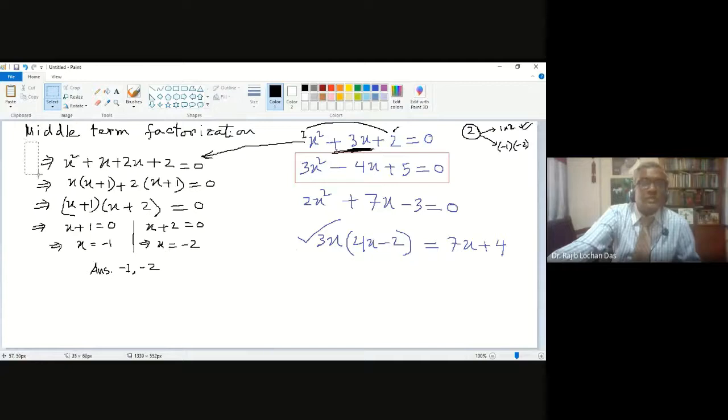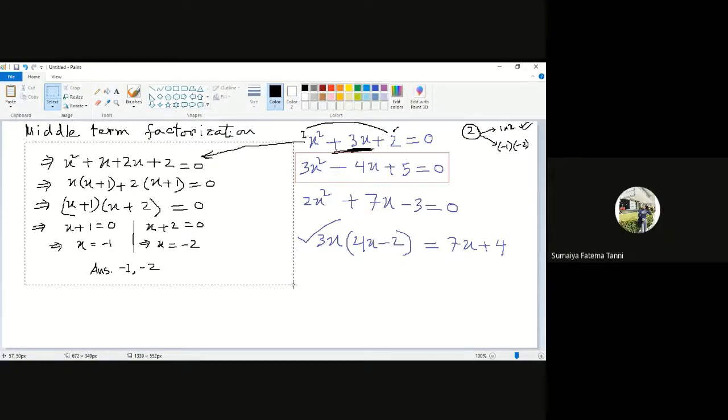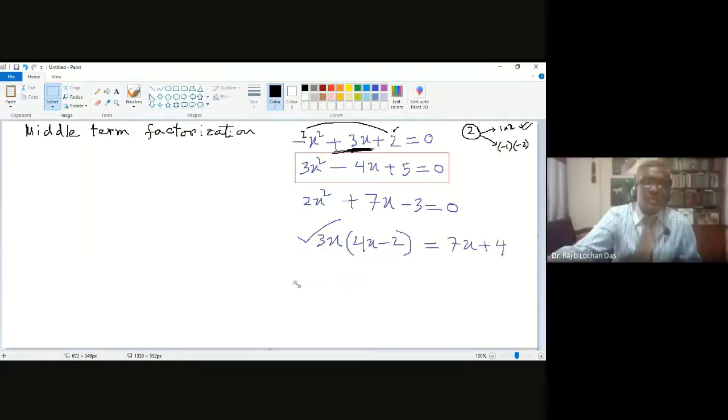So can I erase the first one? Yes, sir. Okay, so let me erase the first one and let us now think about the second one. So can I apply the middle term factorization method for this?